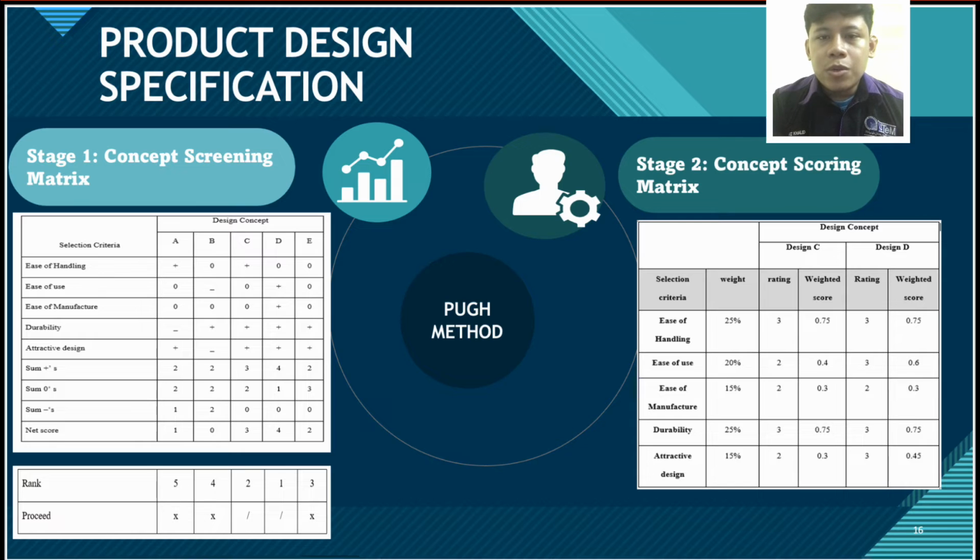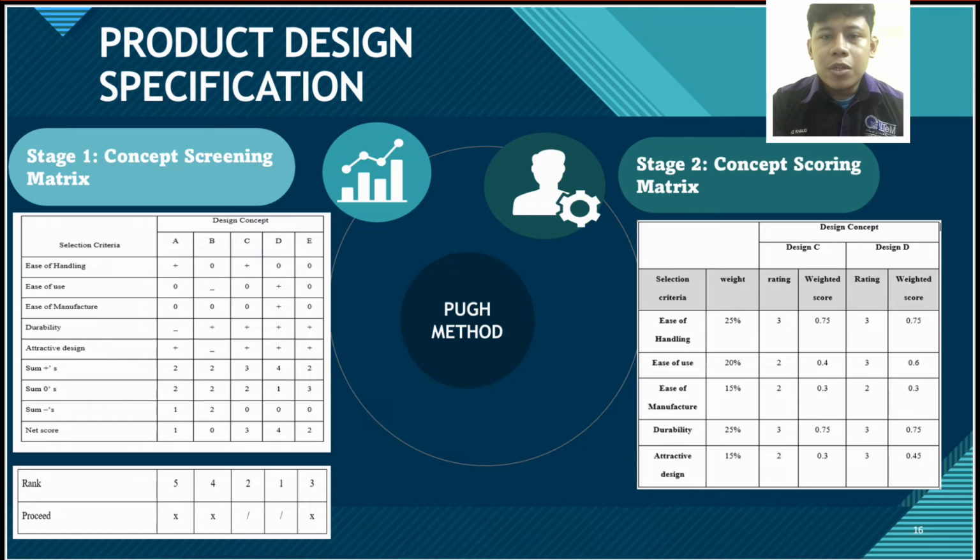From the table below, design D and design C have the most suitable and related criteria compared to the 3 other designs. Both designs will be compared again in the concept scoring stage in order to finalize the best concept idea to develop the sand separation machine.